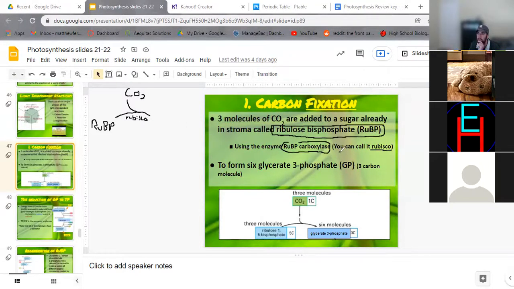Rubisco is an enzyme that attaches a single carbon dioxide to a molecule of RuBP. And now that actually makes a six carbon molecule first, but that doesn't last very long. This is back to what Ellie's question was. That pretty much immediately falls apart into what we call a GP. That's carbon fixation. Rubisco adding a carbon to RuBP.